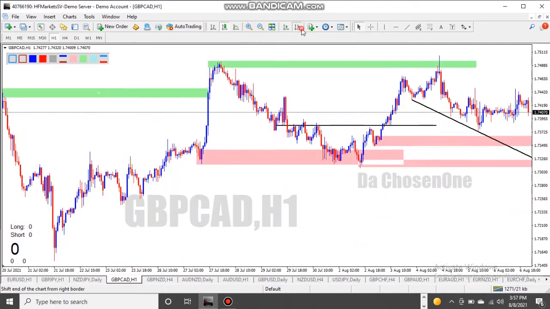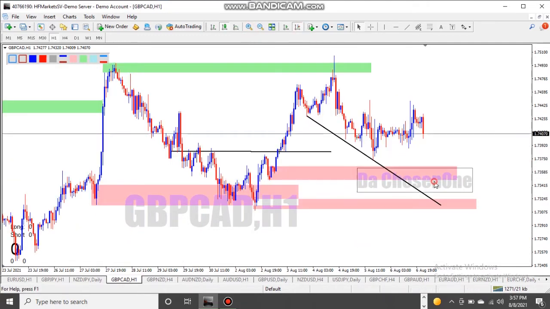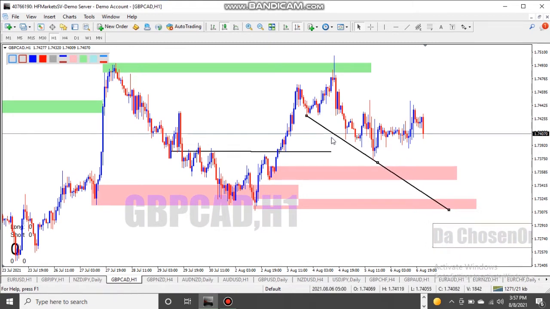So we are now waiting for it to come back to this demand area over here, or this one, depending on which is stronger. So we're gonna wait for price to see whether it reverses here or here.